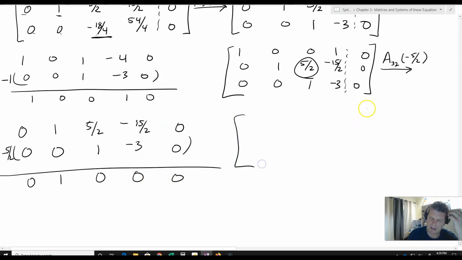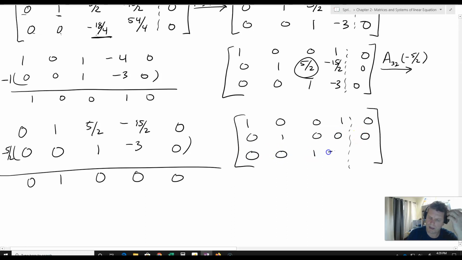So finally, my finished reduced row echelon form is 1, 0, 0, 1, 0, then 0, 1, 0, 0, 0, and 0, 0, 1, negative 3, 0. And that's my completed form.